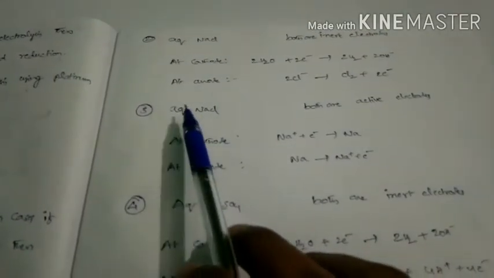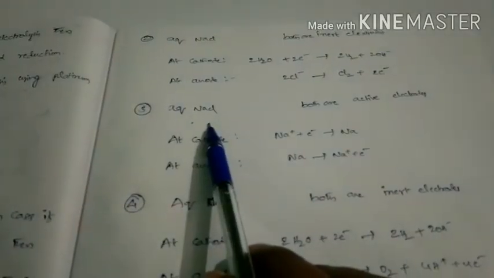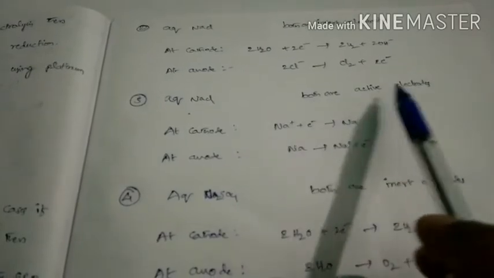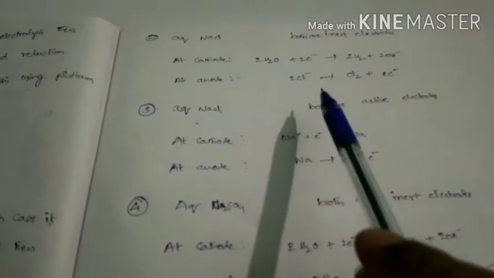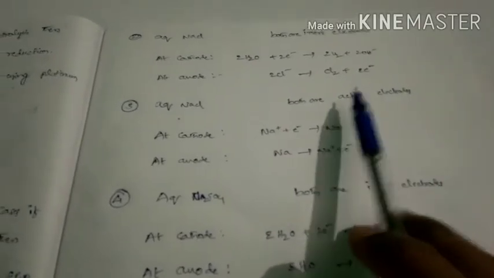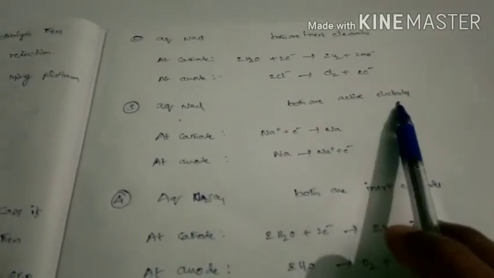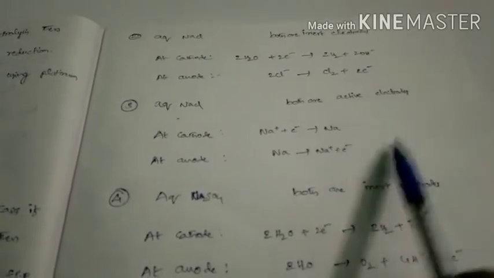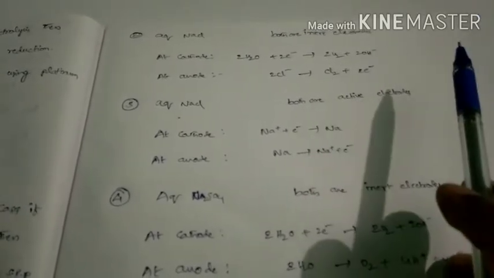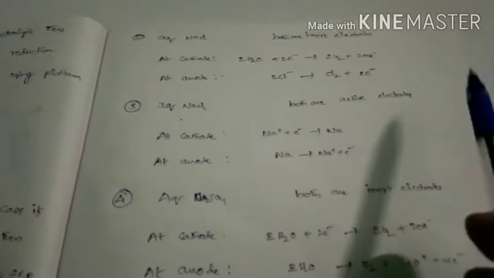Next, here see aqueous NaCl. Here also aqueous NaCl, here also aqueous NaCl. Then what is the difference? Here both are inert electrodes, here both are active electrodes. So you have to see the question carefully. If I take active electrodes, what happens at the cathode and anode? The electrodes are involved in the chemical reaction.